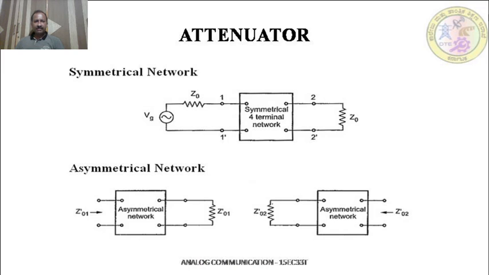Asymmetrical means from the input side you have Z01, and from the output side you get Z02. So Z01 is not equal to Z02. They are not equal, and that type of network is called asymmetrical. An attenuator designed like that is an asymmetrical attenuator. This is the difference between symmetrical and asymmetrical networks.